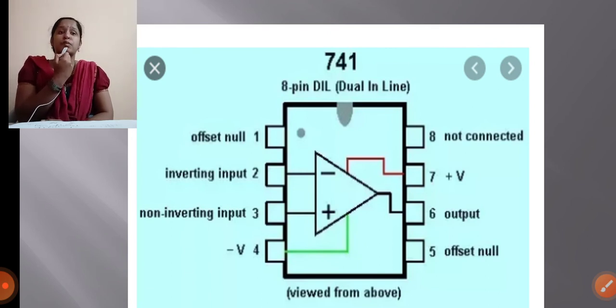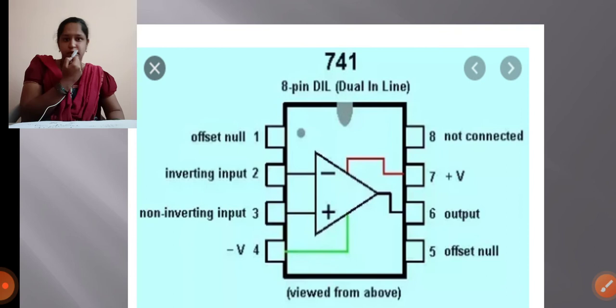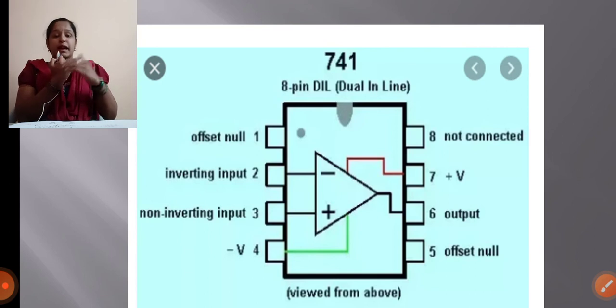The output depends on these two. If the output is high, that voltage should be 5 to 18 volts. That voltage is around 5 to 18 volts. And if the output is high, the positive voltage it can take.